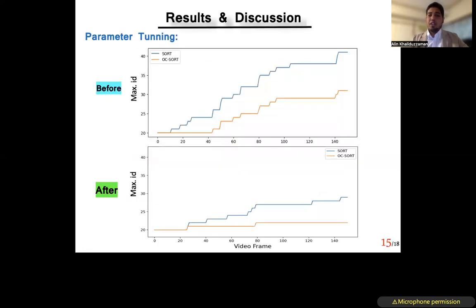Let's see the result and how it improved. The upper diagram is the default setting, which we already saw, and the bottom is the improved result based on this parameter setting. We can say it is greatly improved, and in the case of OC SORT, it just lost identity 2 times.